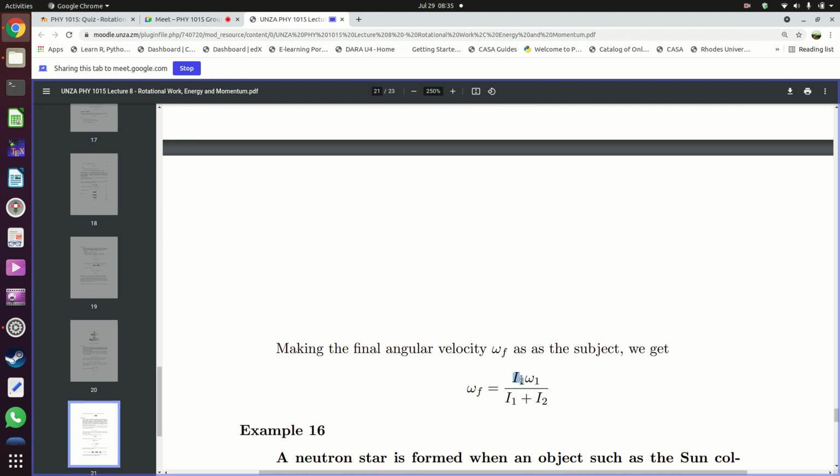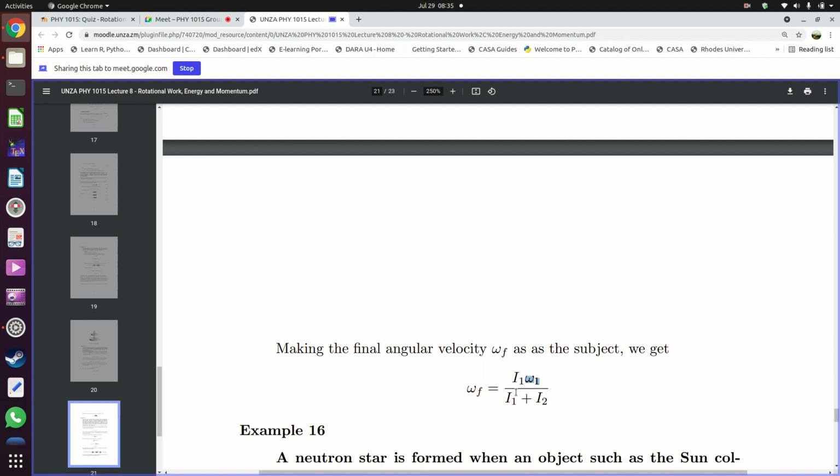I1 multiplied by omega 1 divided by I1 plus I2. This expression is basically just going to result in a reduction of whatever the velocity was, because you can factor out this thing. So you're going to end up with I1 divided by I1 plus I2 multiplied by whatever this is.